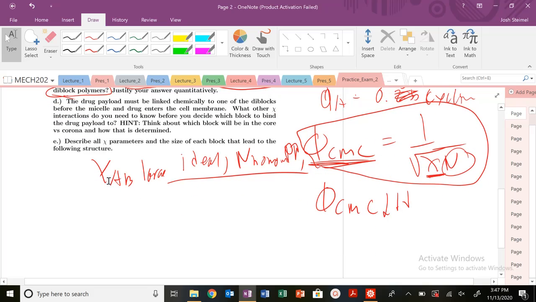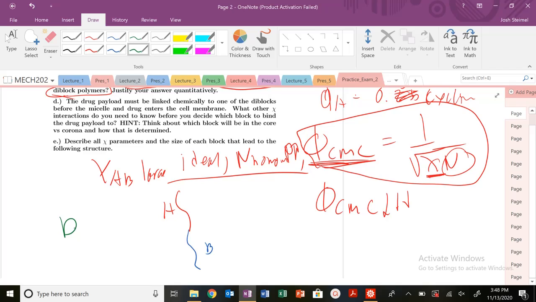If I'm looking at my polymer, this is A, this is B. Let's say I chose AB because that seems to be the best option. My drug, D, must be chemically linked to either A or B before the micelle and the drug enter the cell membrane.